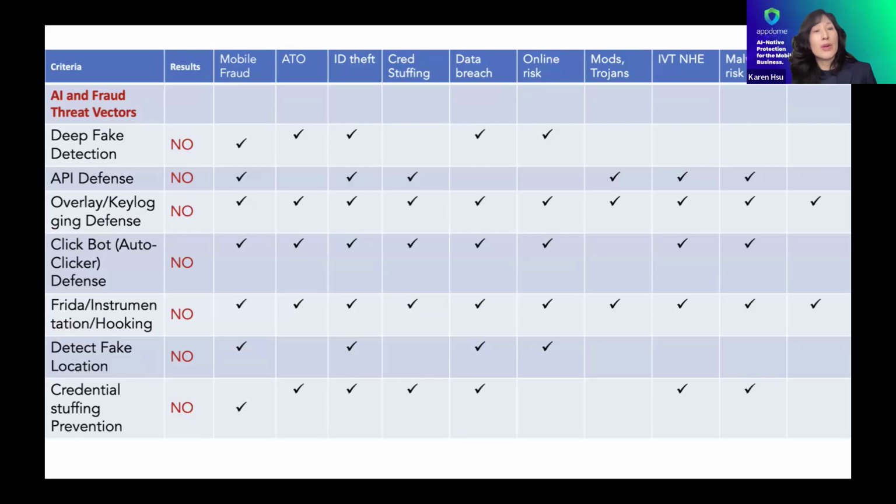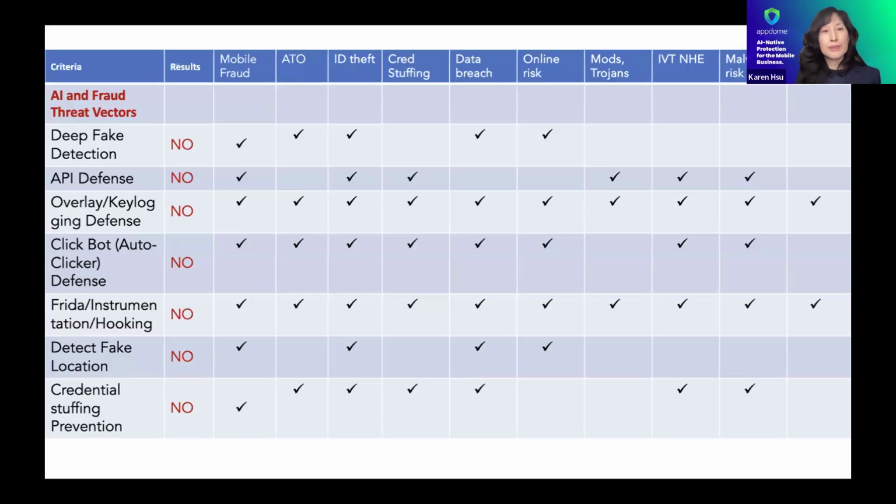And these are all particular defenses that we're looking for in the mobile app. And if those are not there, then the ramifications and the impacts are the check marks that you see on the right. So not having these different defenses means risk of account takeovers, credential stuffing, data breaches, and so forth.